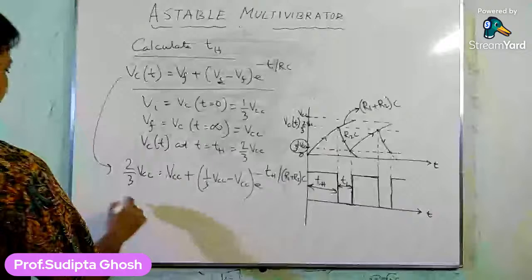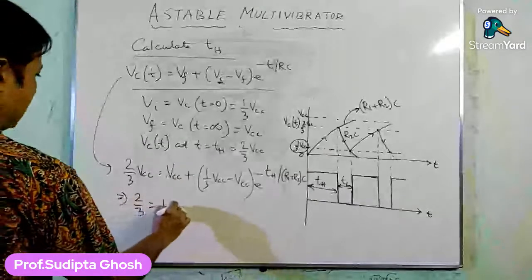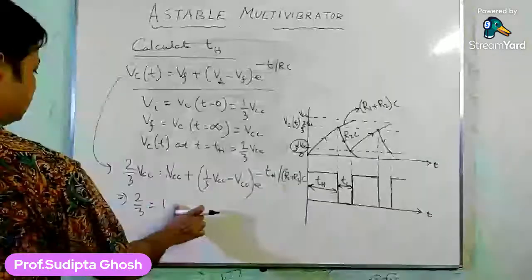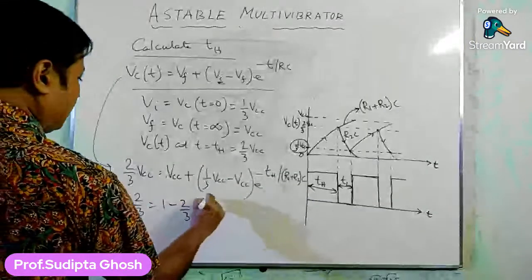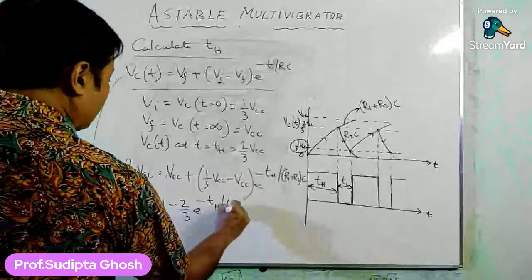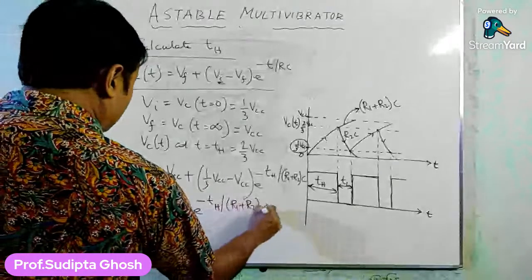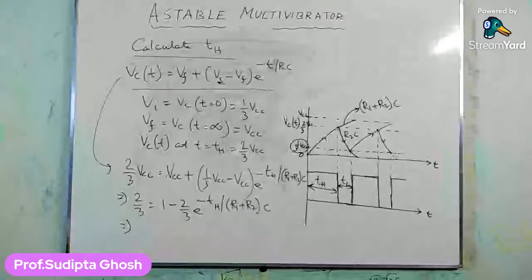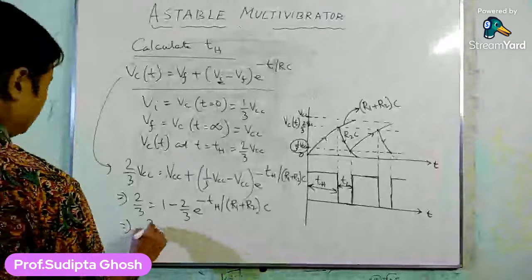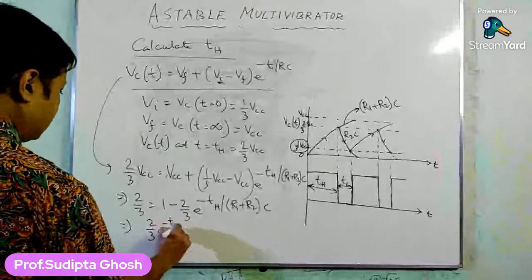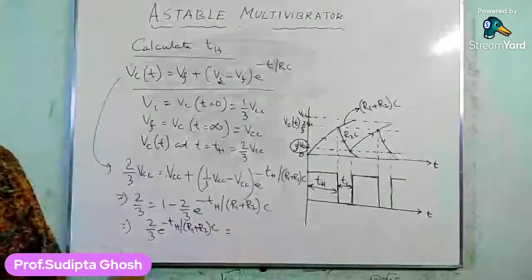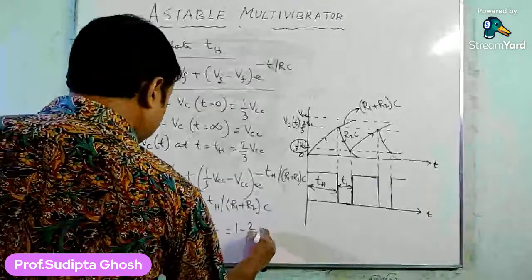We can easily write 2/3 equals 1 plus 1/3 minus 1, that is 1 minus 3 by 3, that is minus 2/3, e to the power minus th by R1 plus R2 into C. So the value will be 2/3 of e to the power minus th by R1 plus R2 into C, and 1 minus 2/3 is 1/3.